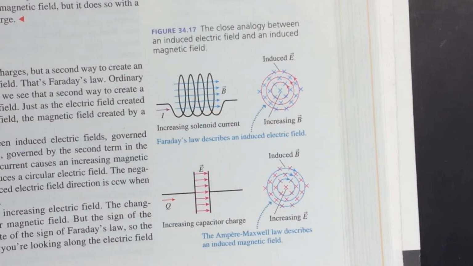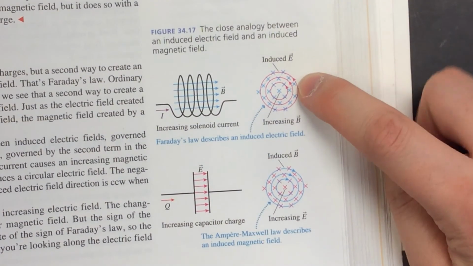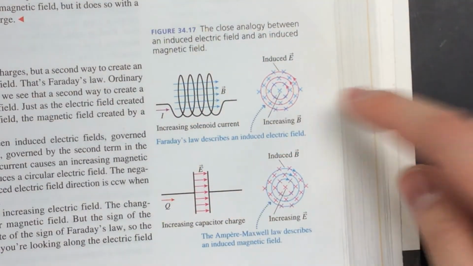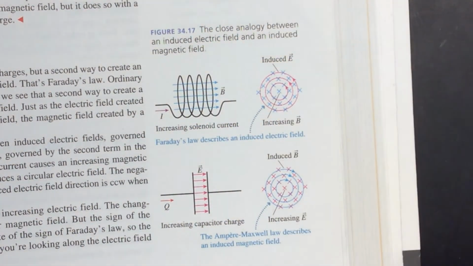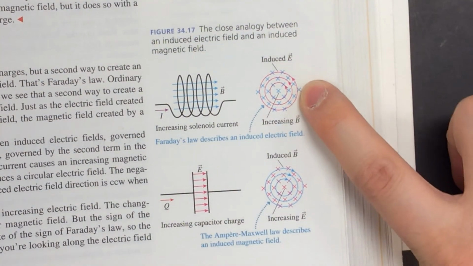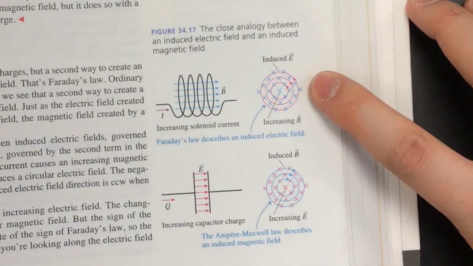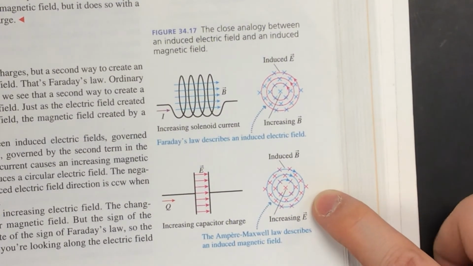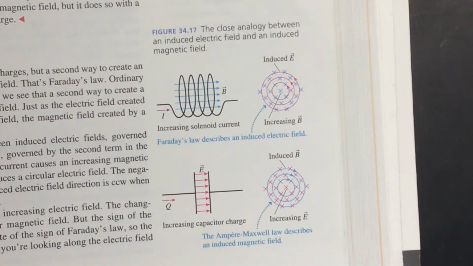For example, you have this solenoid. If you have increasing magnetic flux into the page, it creates this reverse electric field. The electric field is induced to oppose that magnetic flux. With increasing flux into the page, your fingers would want to go clockwise, but the electric field is counterclockwise. That's the negative part.